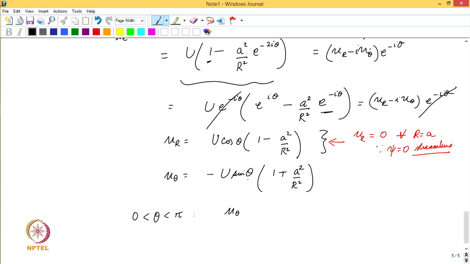So, clearly the sign of u_theta will depend on sin theta. When sin theta is positive, which is what it is between 0 and pi, u_theta would be negative, and when theta is between pi and 2 pi, where sin theta is negative, u_theta would be positive.